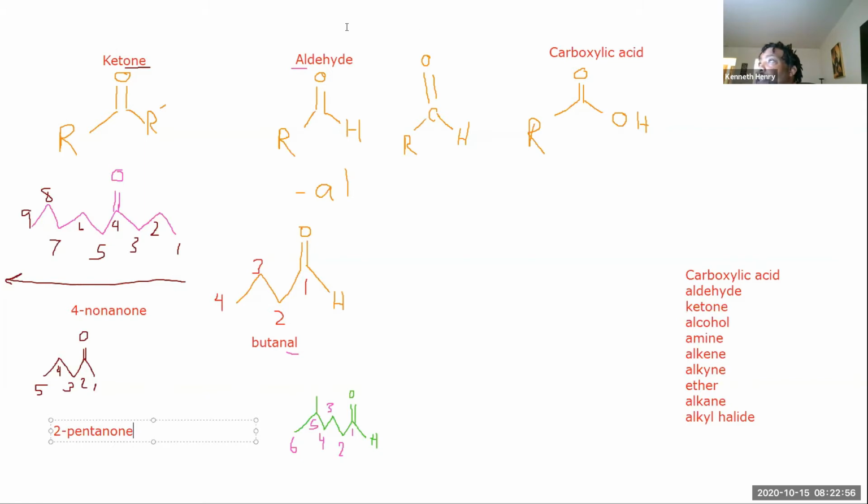What if I have this? I think 2-hexenone, but I wouldn't know where to put the number for where the double bond goes.